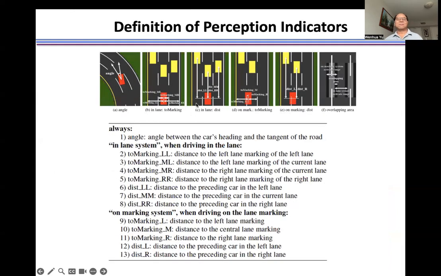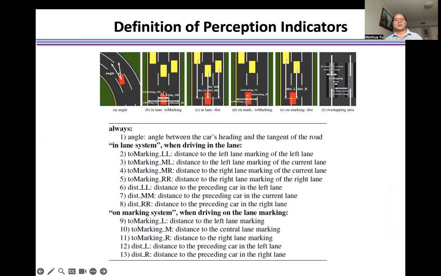If we simulate the model on the simulator, then from the screen capture, we have these lane markers, and we show the angle between the car heading and the tangent of the road. And then we can see this self-driving car and the preceding cars here.